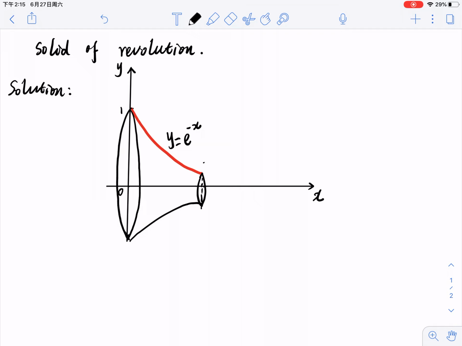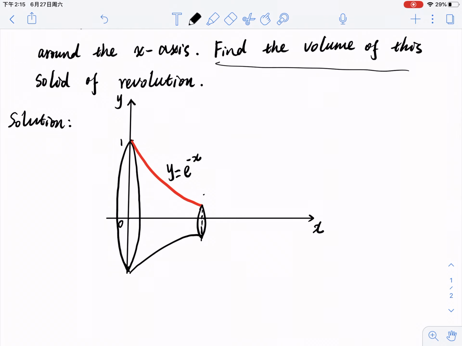This is called a solid of revolution. So now we want to find the volume of this solid of revolution.